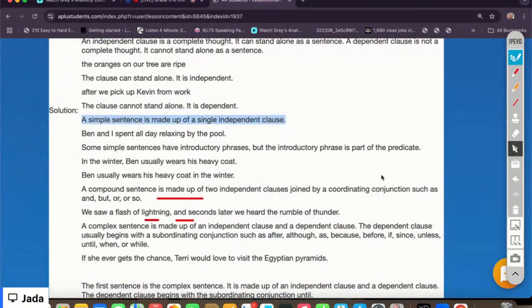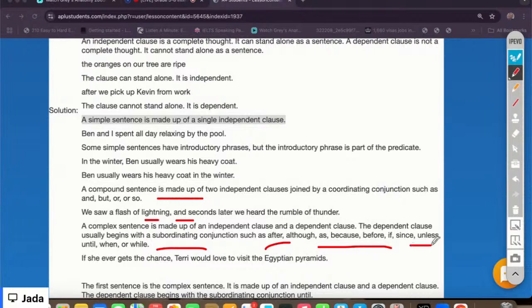So, for the complex sentence, a complex sentence is made up of an independent clause and a dependent clause. That is the complex sentence. So it's a mixture of the dependent and independent. The dependent clause usually begins with a subordinating conjunction, so that is something you should take note of. The dependent clause begins with a subordinating conjunction such as after, although.